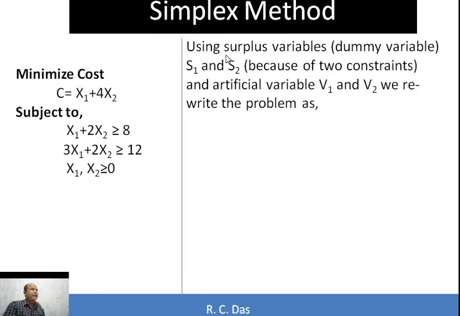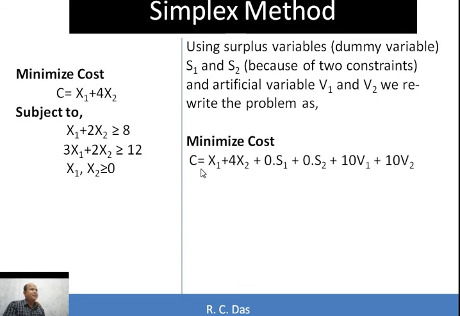Using surplus variables, also called dummy variables, s1 and s2, and artificial variables v1 and v2, we rewrite the problem as: minimize C equal to x1 plus 4x2 plus 0 multiplied by s1 plus 0 multiplied by s2 plus 10 v1 plus 10 v2.